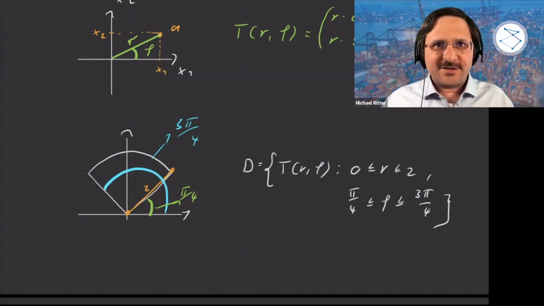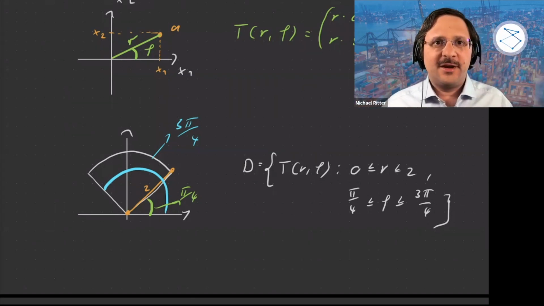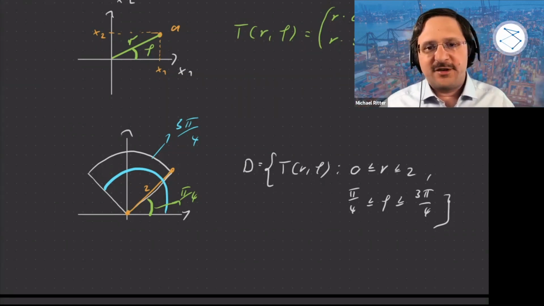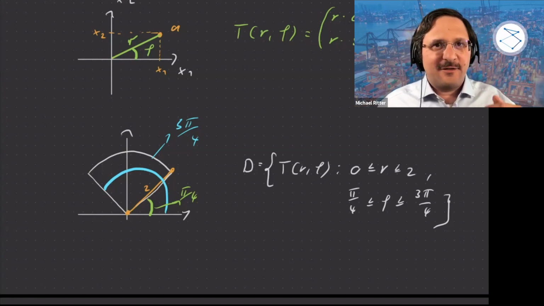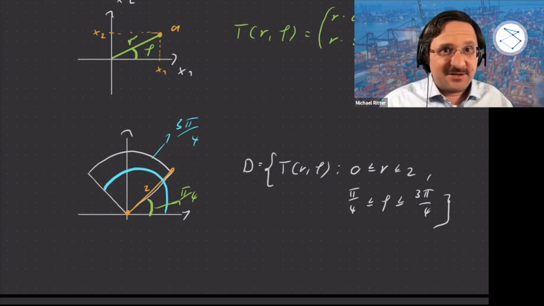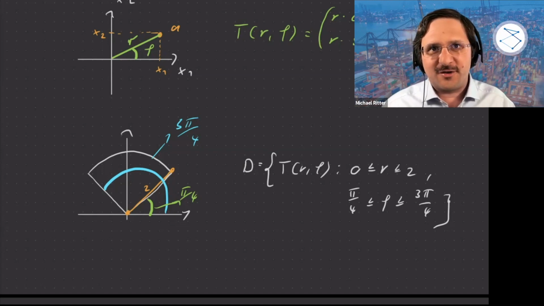So the point here is we have a couple of different coordinate systems that are useful in different situations. And basically your task is going to be to find out which coordinate system is the best for the task at hand. And usually if there is some circular looking part, then you should try polar coordinates.